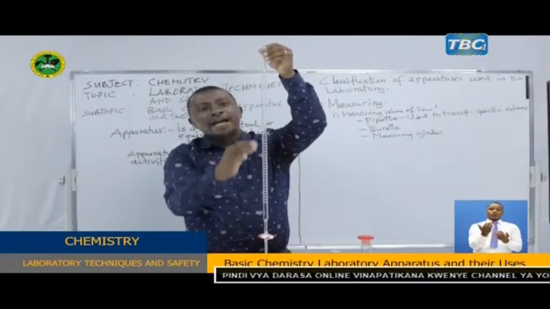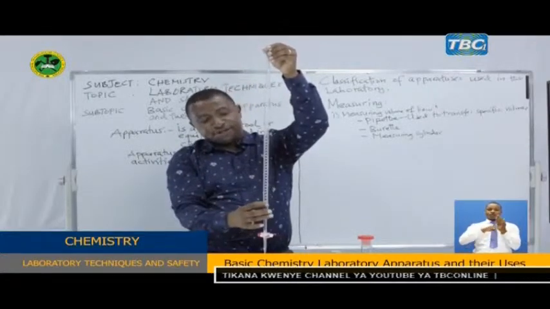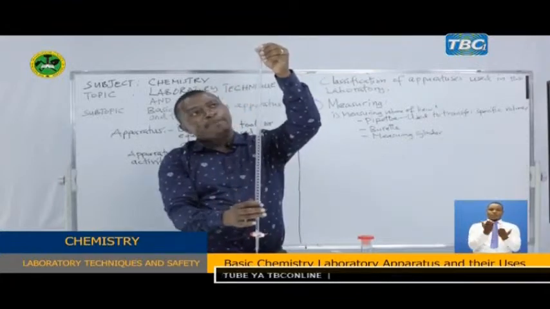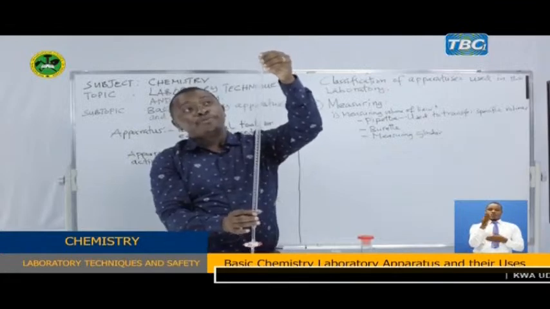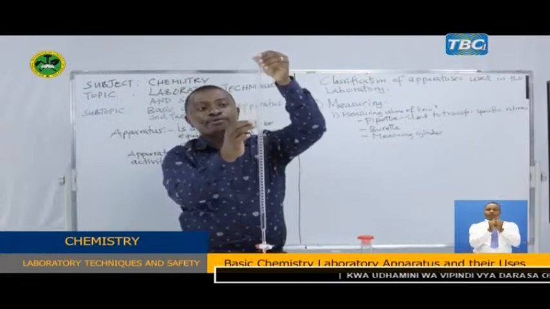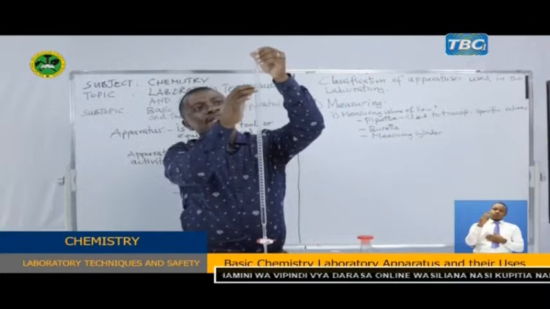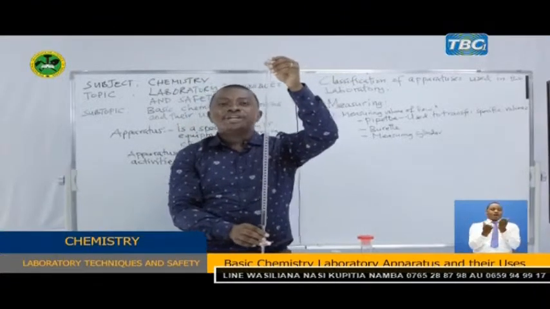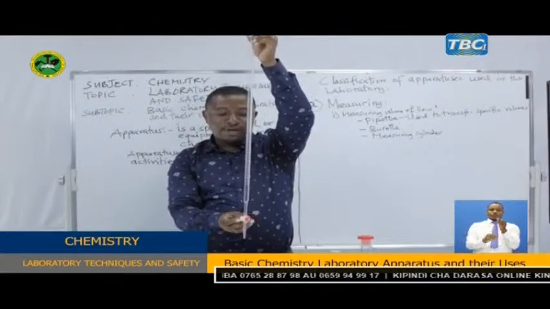You can measure any kind of volume between 0 and 50. It is calibrated in such a way that it measures up to 2 decimal places. So from the burette you can have a volume of 10.5, 15.5, 20, 7.5, 10. So it measures accurate volumes, and it is used to dispense liquids.